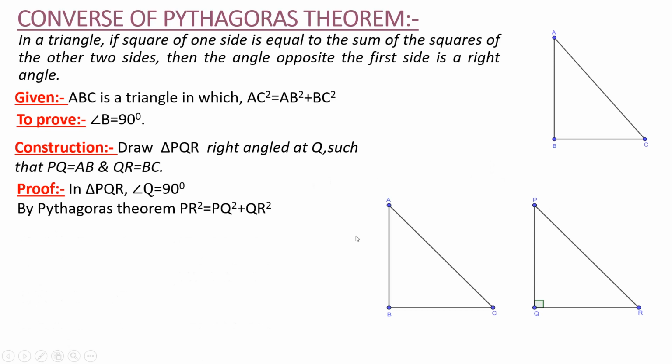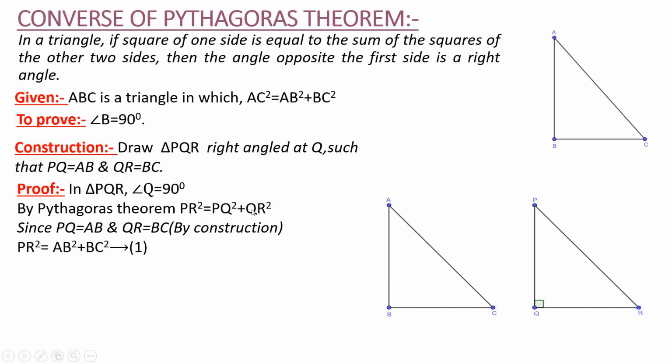By applying Pythagoras theorem, we get the equation PR square is equal to PQ square plus QR square. But according to our construction, PQ is equal to AB and QR is equal to BC. Let us substitute these values in the previous equation.